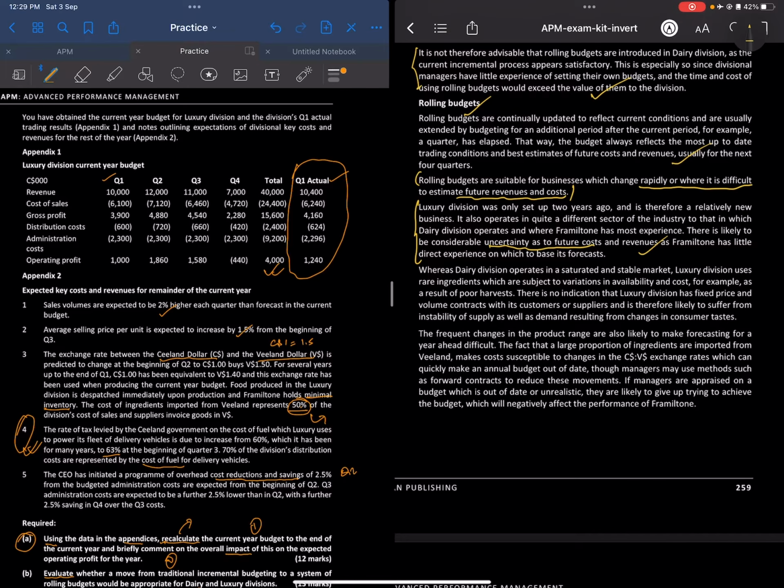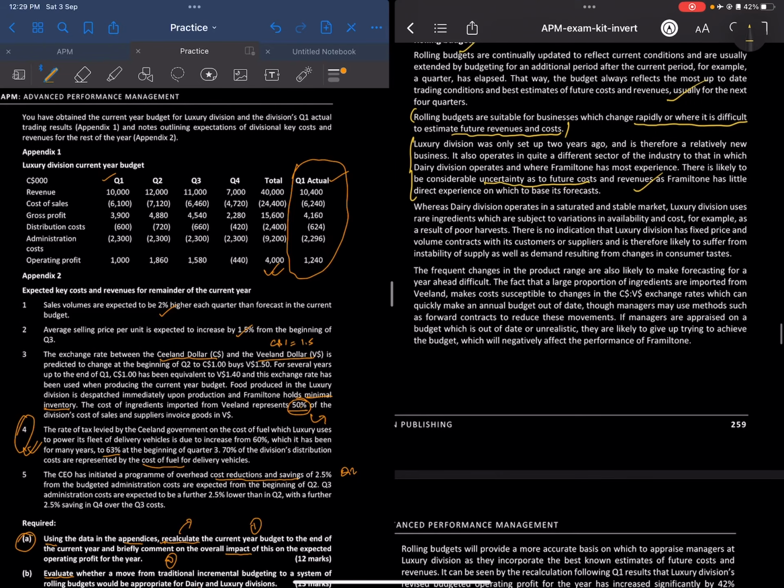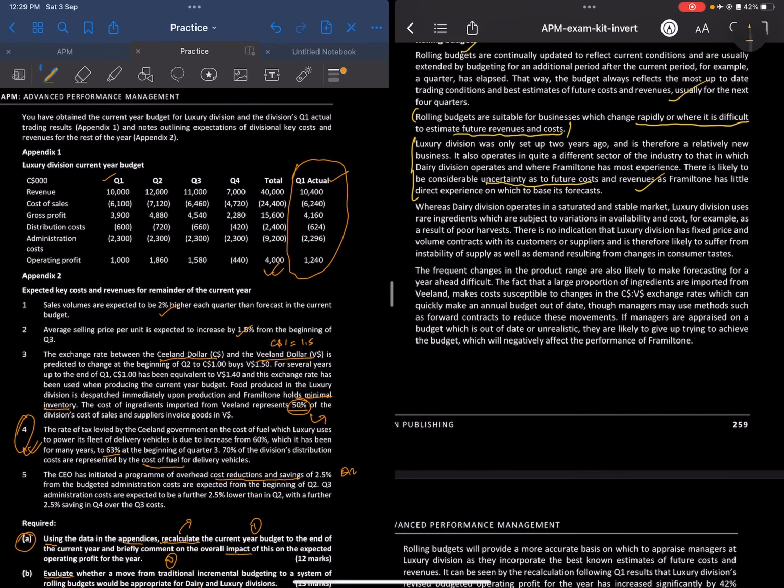Okay, that point did not come to my mind before, but there was a hint right over there. I was very close, very close. But you see, it's very easy to miss.